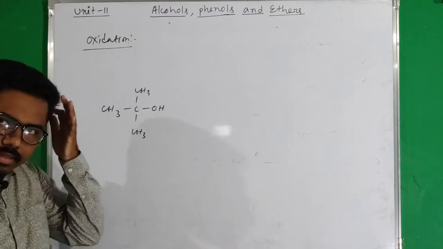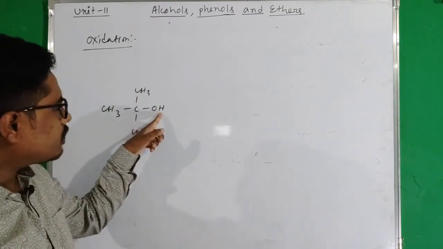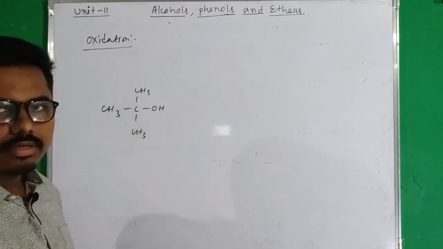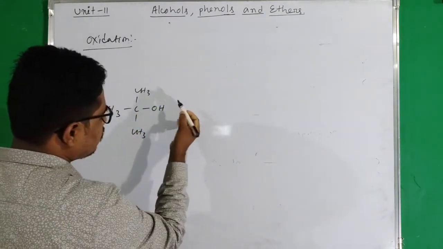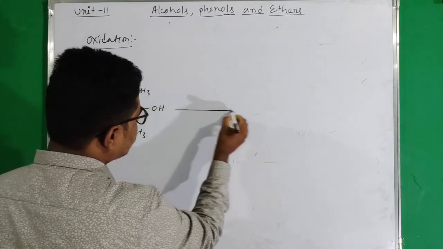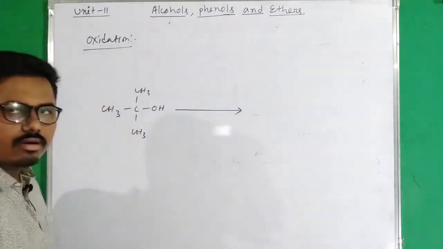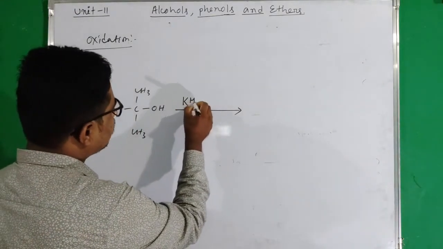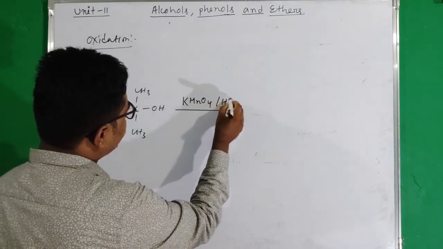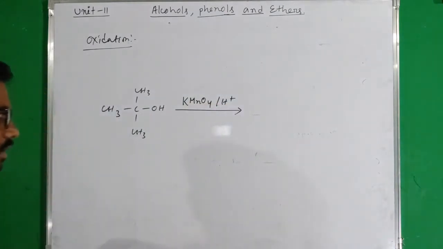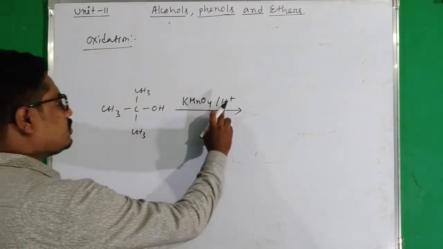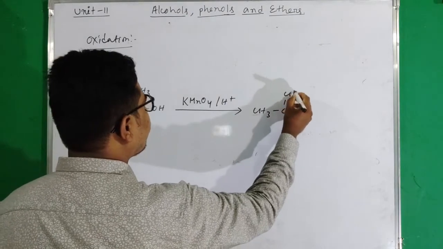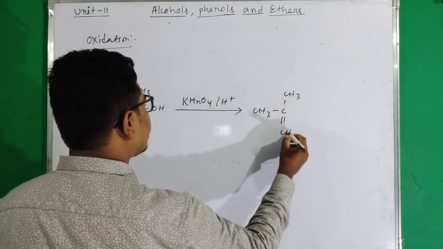Okay, in this case the oxygen-hydrogen bond is present to break, but the carbon-hydrogen bond is not present, therefore tertiary alcohols are not oxidized by weak oxidizing agents. But when we will use acidified KMnO4, a strong oxidizing agent, then initially the acid will help to form an alkene.